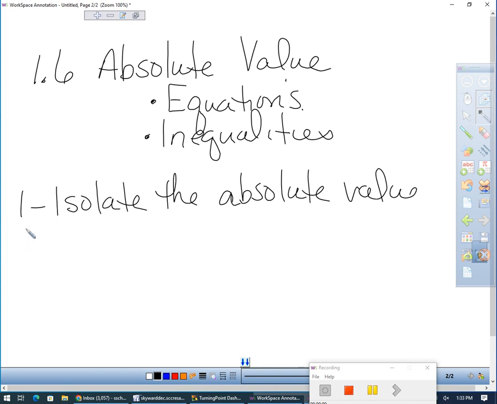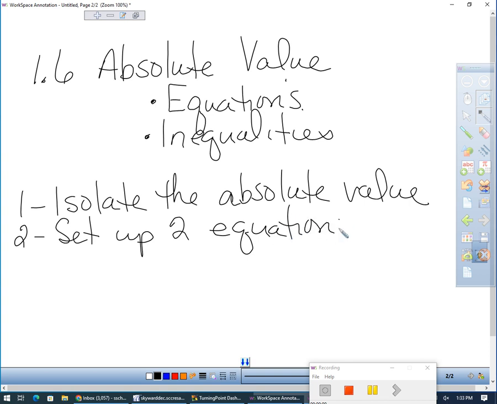Step number 2, once you've isolated the absolute value, set up 2 equations equal to both positive and negative. Step 3, solve each equation.